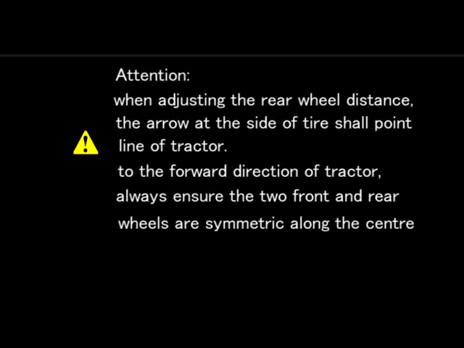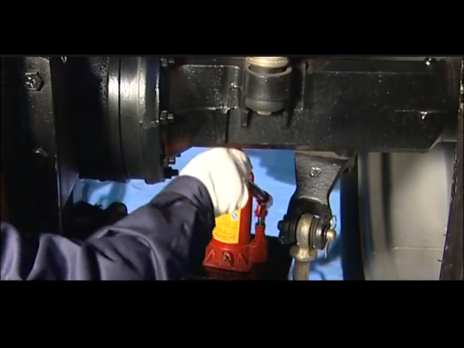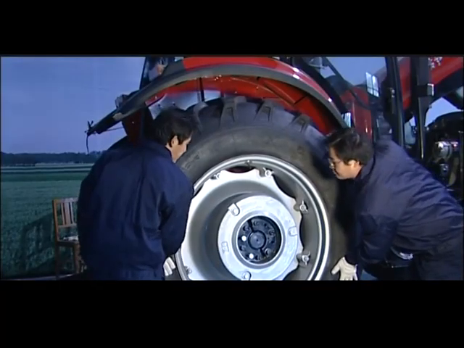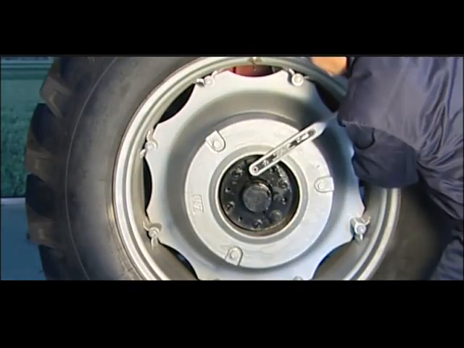When adjusting the rear wheel distance, the arrow at the side of the tire shall point to the forward direction of the tractor. Always ensure the 2 front and rear wheels are symmetric along the center line of the tractor. When tightening the hub screws, prop up the tractor. The tire will be away from the ground, and then tighten the hub screws.